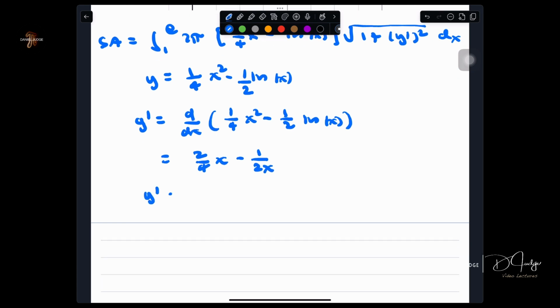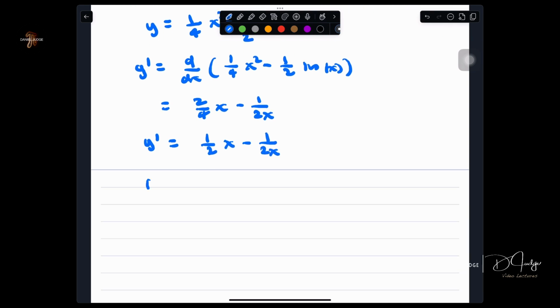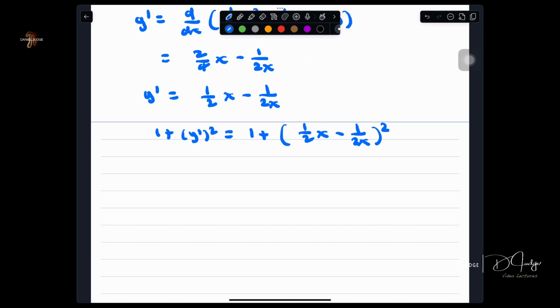Okay, so y prime becomes 1/2 x minus 1 over 2x. So 1 plus y prime squared becomes 1 plus 1/2 x minus 1 over 2x squared.